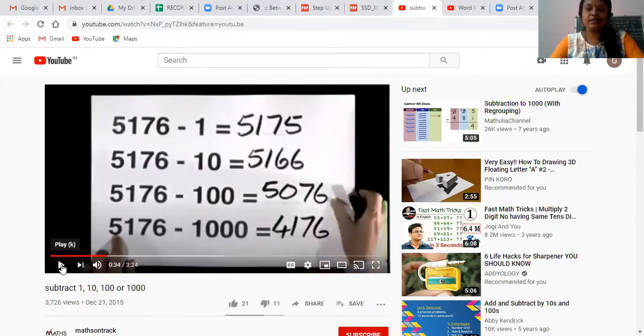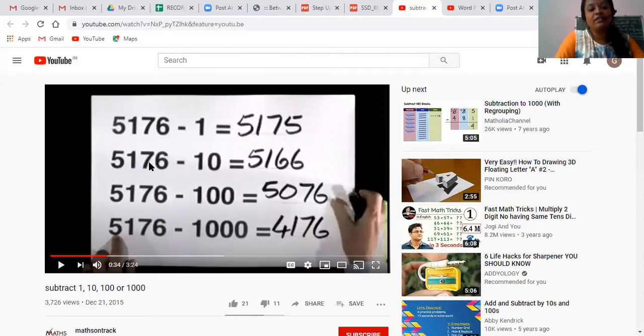5,176 when subtracted by 1, we get a predecessor of the given number, that is 5,175. Whereas if we subtract any number by 10, we need to reduce the tens place. Here, if you see, 7 is reduced by 1. So when we reduce it, that is subtract 7 minus 1, we get 6.